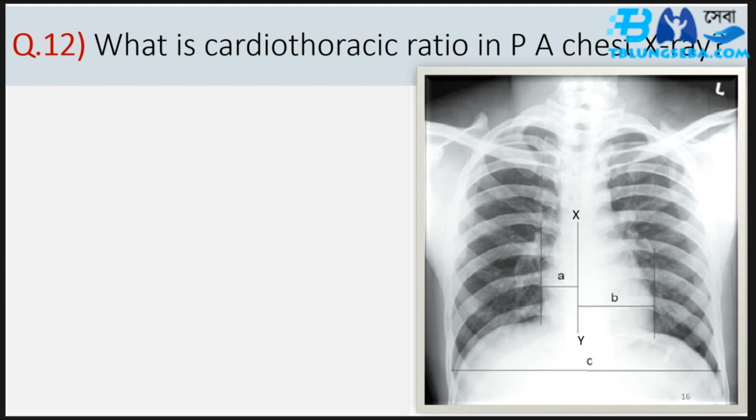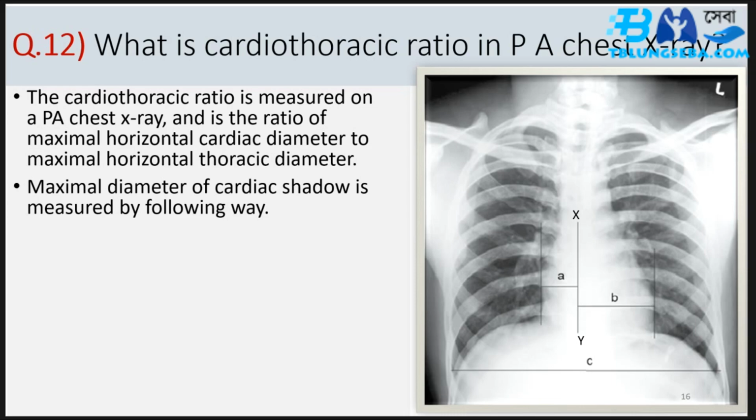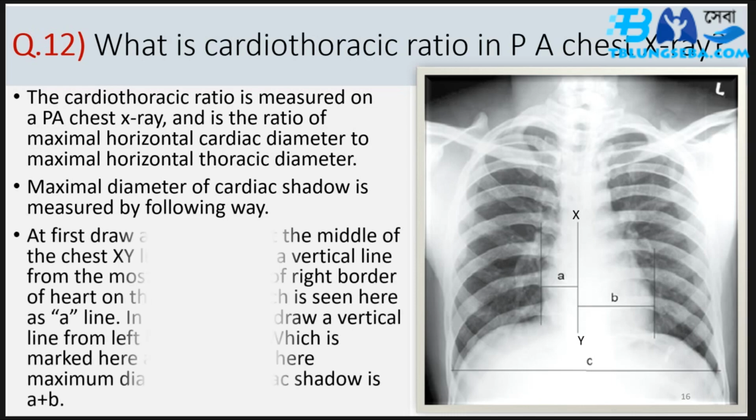Q.12. What is cardiothoracic ratio in PA chest X-ray? The cardiothoracic ratio is measured on a PA chest X-ray, and is the ratio of maximal horizontal cardiac diameter to maximal horizontal thoracic diameter. Maximal diameter of cardiac shadow is measured in the following way.